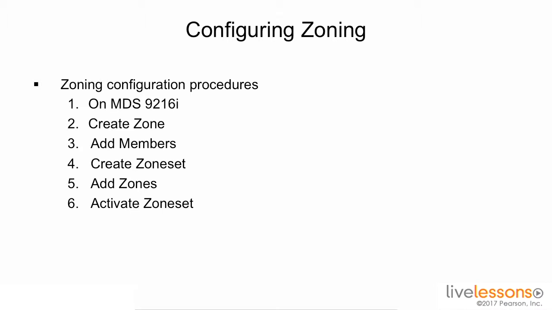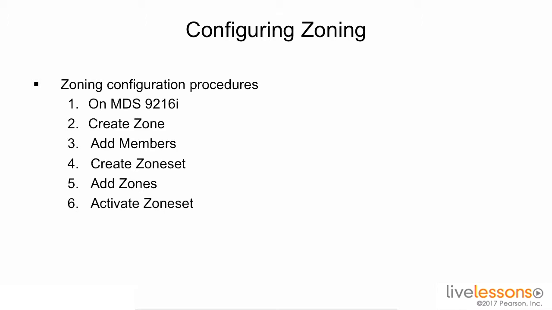So for instance, in vSAN 200 we could create zone 1 and zone 2. We would then create a zone set that would include zone 1 and zone 2 for vSAN 200, and then put them into that zone set and activate that zone set on the Fibre Channel network.